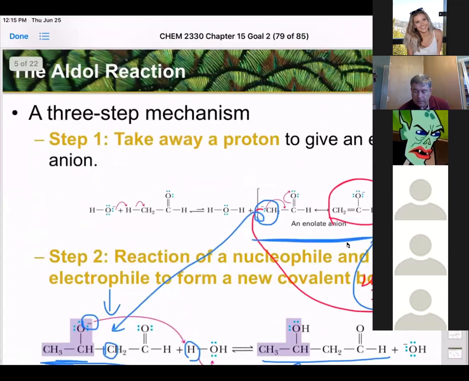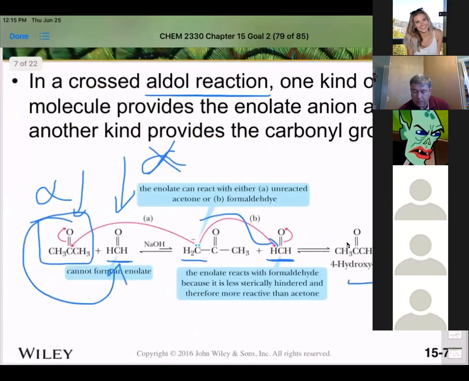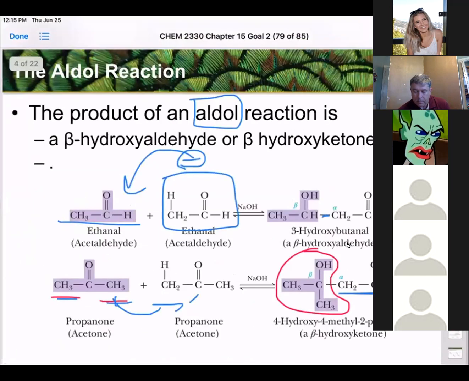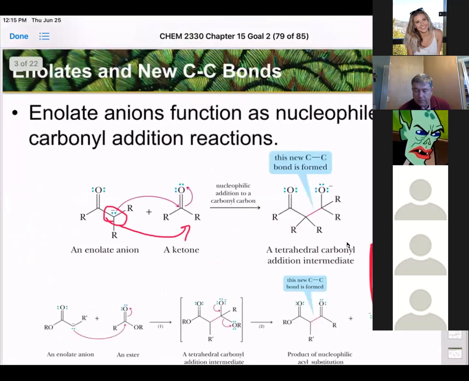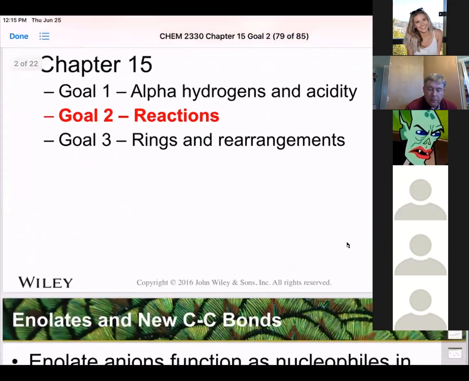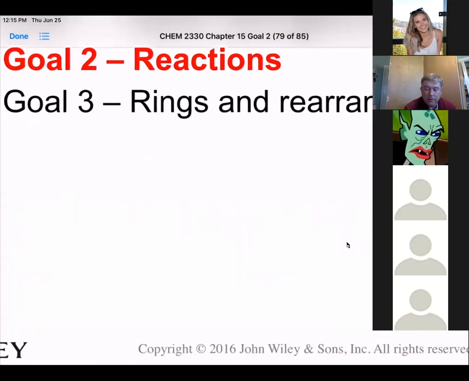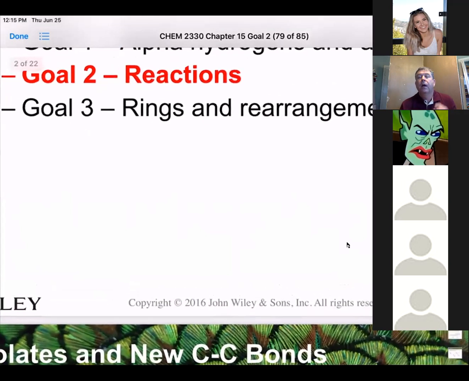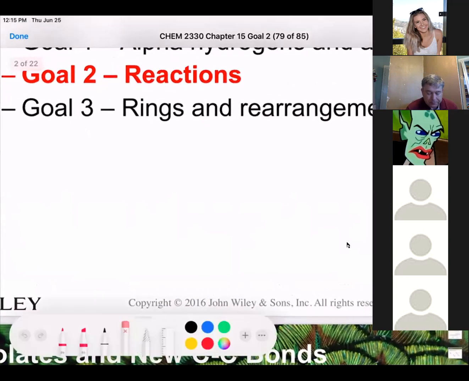I have enough room on one of these slides. Let me just do it on this front side. So I'm going to do one more of these ring rearrangements with a different kind of compound here.